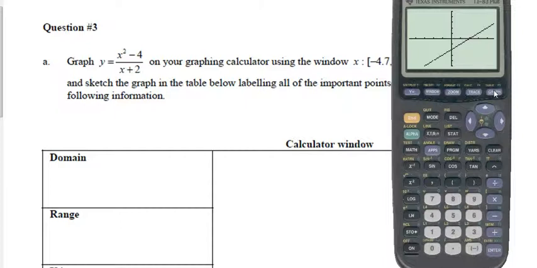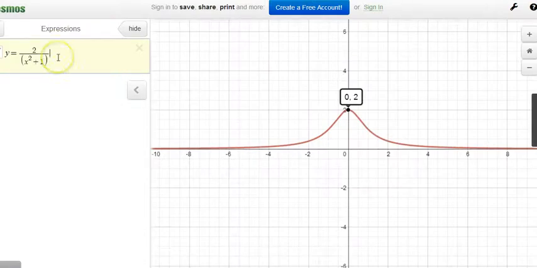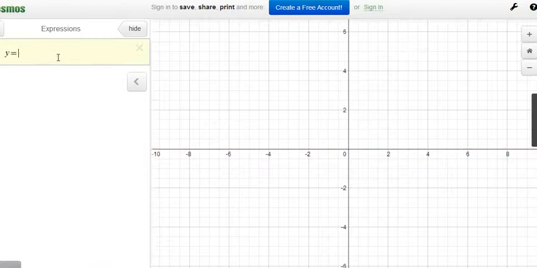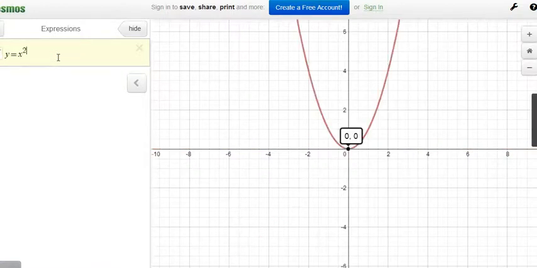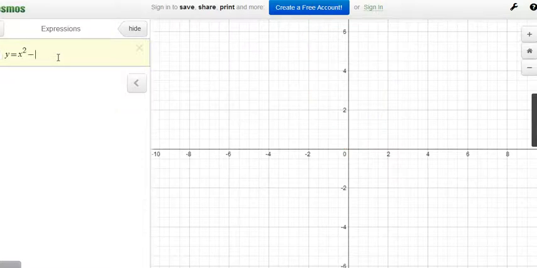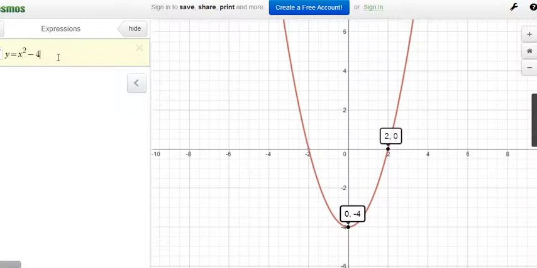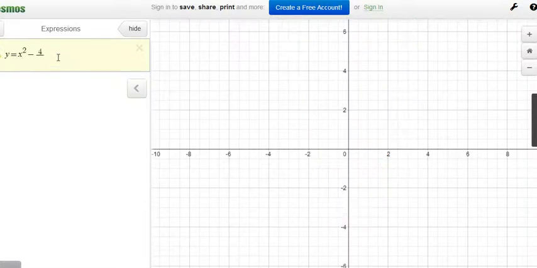Okay. So I graphed that. I used the window in question. Sketch the graph, labeling all of the important points. All right, so let's just graph this here as well. What was it? X squared minus 4 over x plus 2. Look at this. It's a perfectly straight line.